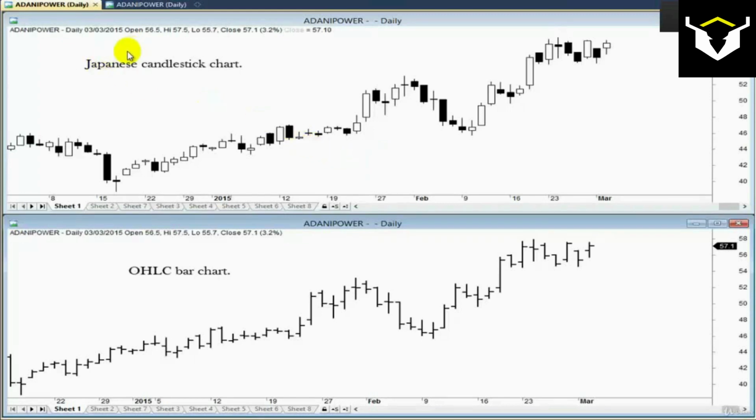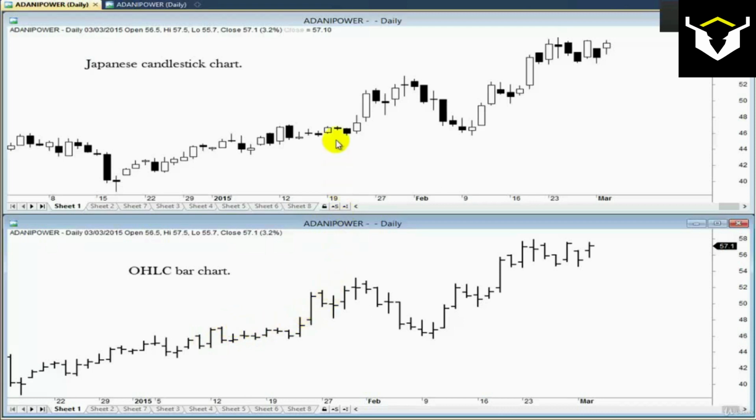In the above window, price information is plotted in the form of candlesticks, whereas in the below window, price information is plotted in the form of a simple bar chart or OHLC bar chart. And you can see the candlestick chart presents information in a much more visually appealing way, whereas the open-high-low-close bar chart tells us about open, close and high, low price information for the day.